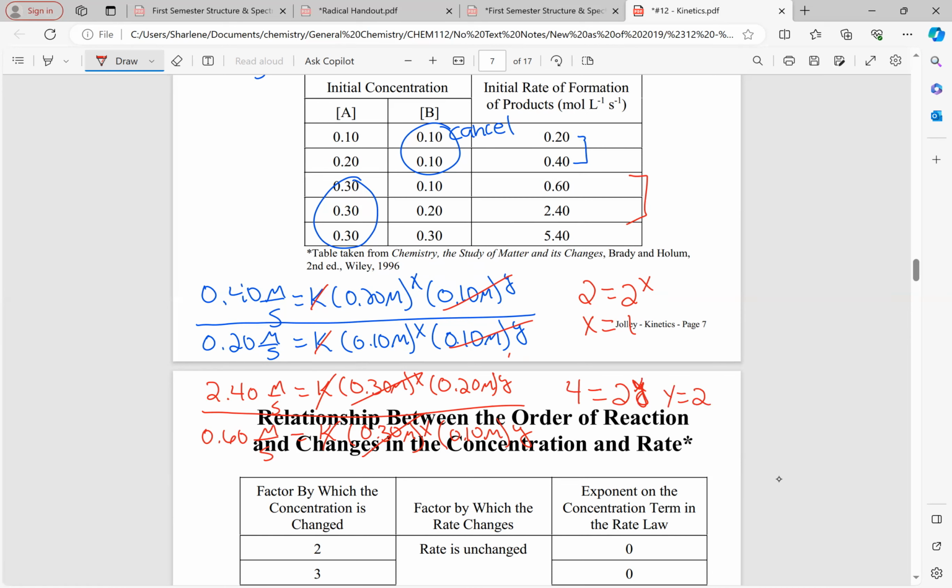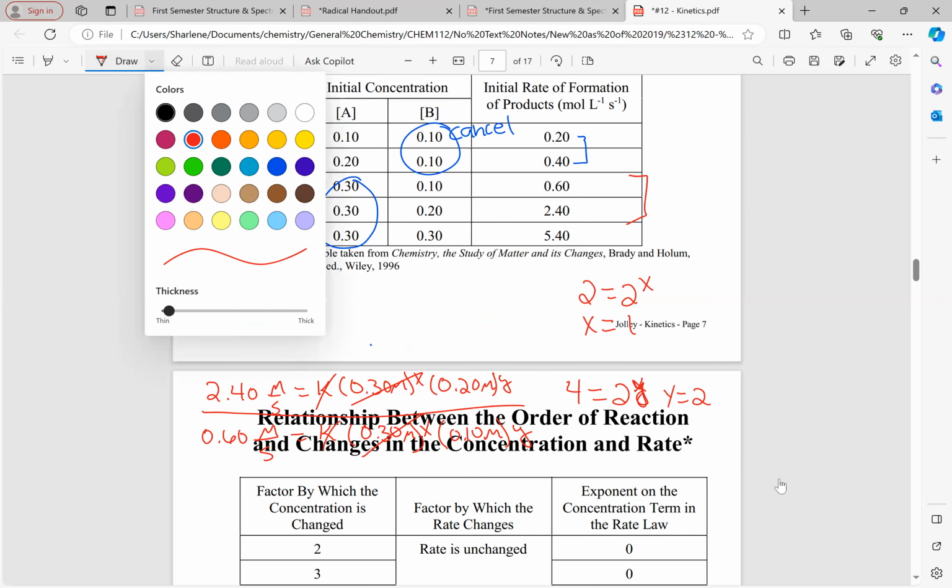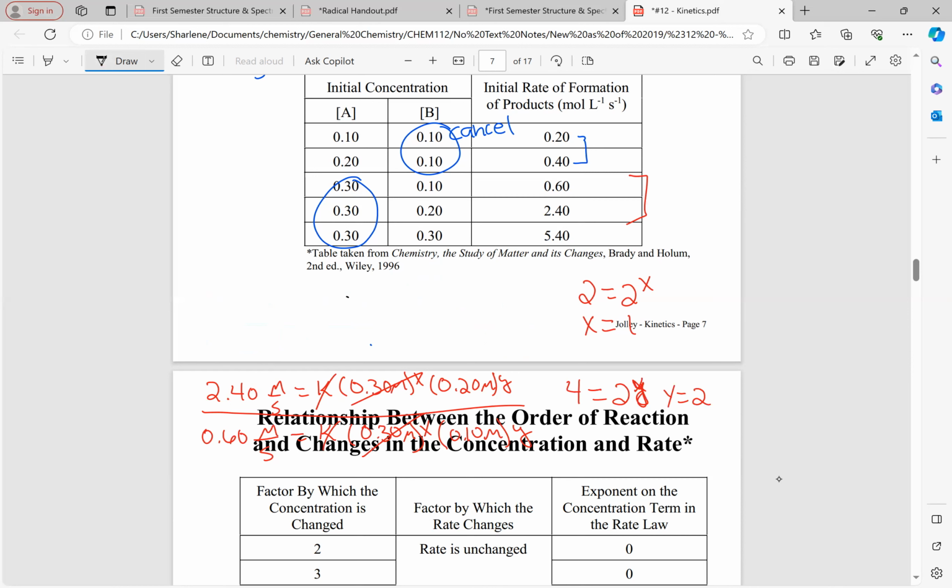And because I can, I'm just going to do a little erase right here so I have room. And it does not matter which piece I use. I can use any of those data points. Go back to black. All right, so I know that 0.20 molarities per second is equal to K, which is what I'm trying to find, 0.10 molarity, and X was what?